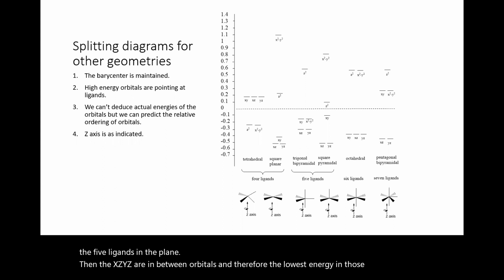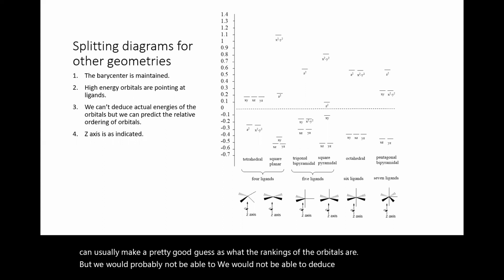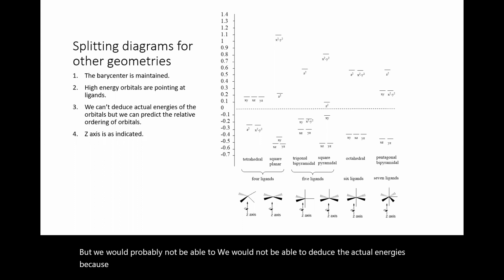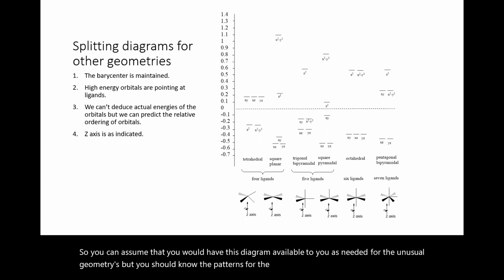So we can usually make a pretty good guess as to what the rankings of the orbitals are, but we would probably not be able to deduce the actual energies because that requires some kind of quantum mechanical calculation. So you can assume that you would have this diagram available to you as needed for the unusual geometries, but you should know the patterns for the tetrahedral, the square planar, and the octahedral splitting diagrams.